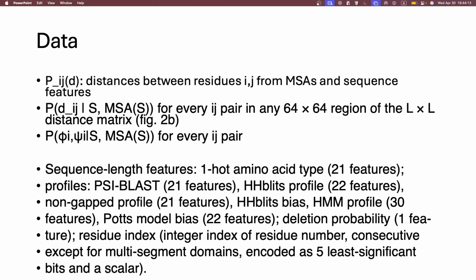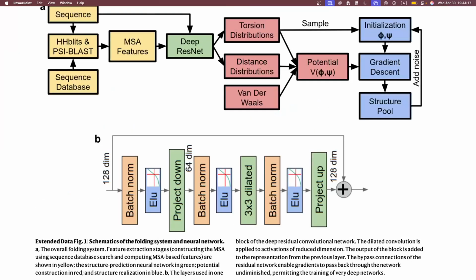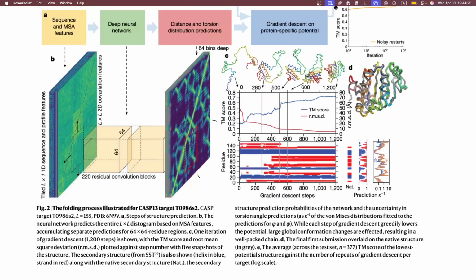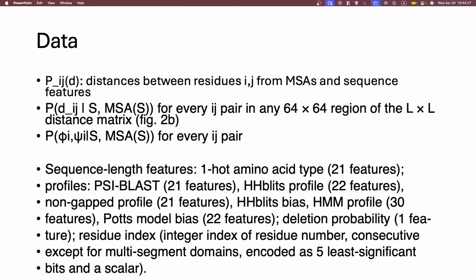That's what the MSA is doing. We're deriving the correlations between residues. So think about this as a residue, this is a residue, and this is a residue. These residues will be processed with their distance with Pij and D.